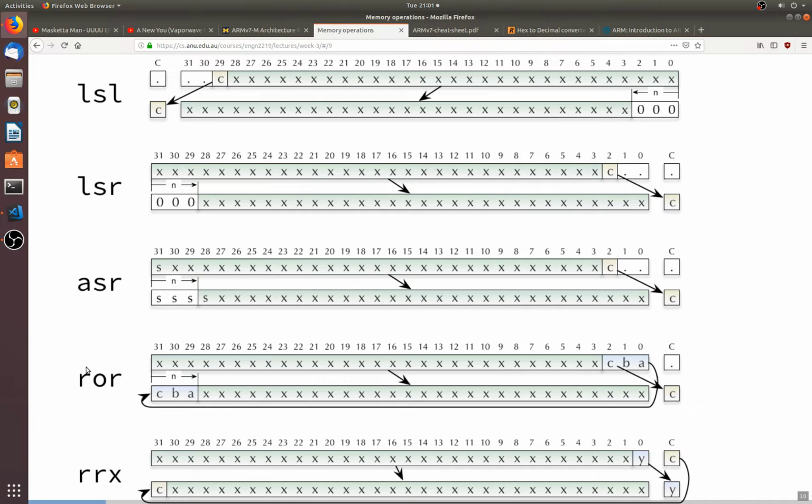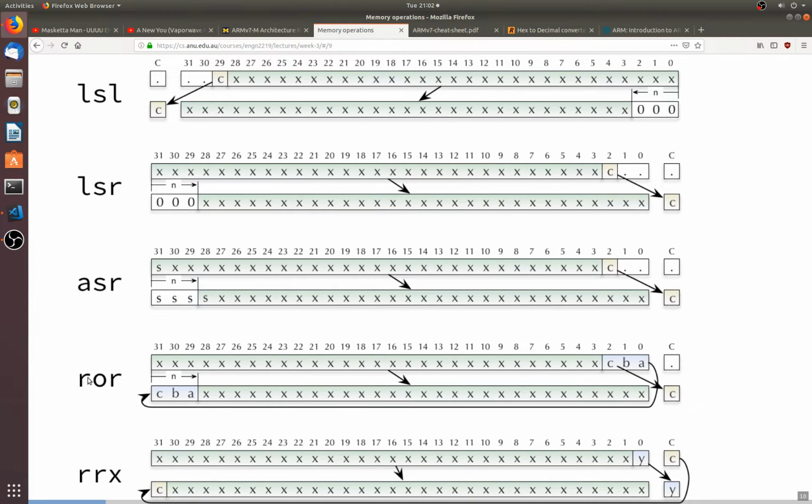Our next shift is a rotate. You can think of this like if you wrap this register around into a circle and spin it around, you've got a rotate. So when it rotates to the right, everything that gets pushed off here gets tacked back on at the start.